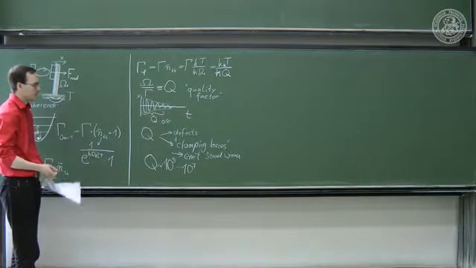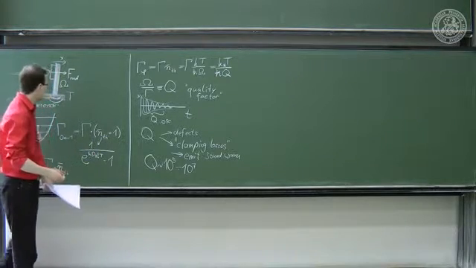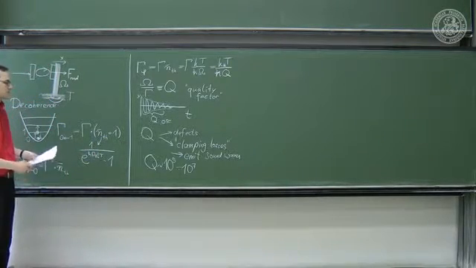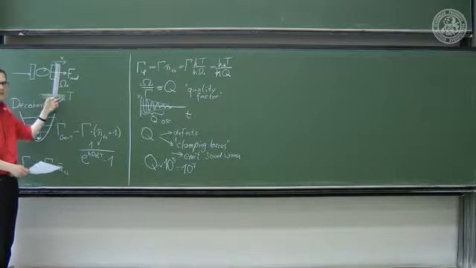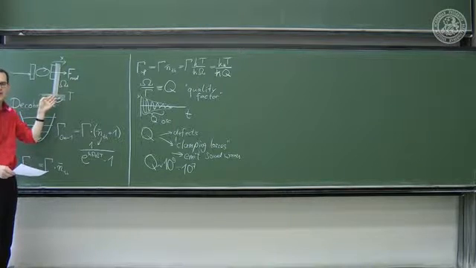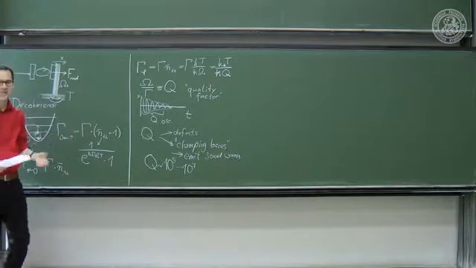Now, if we look at this, and we want to improve Q further, one simple idea, a very powerful idea that people have come up with is somehow to get rid of the support, to make sure that the mechanical object is really floating in free space.